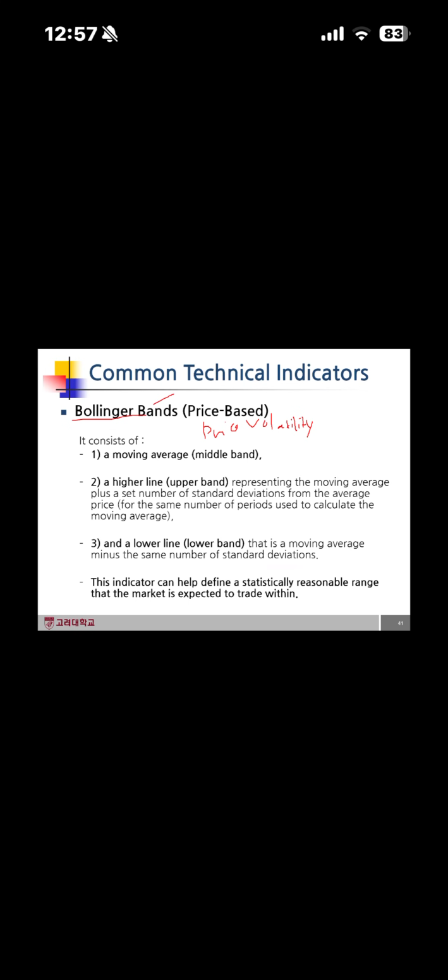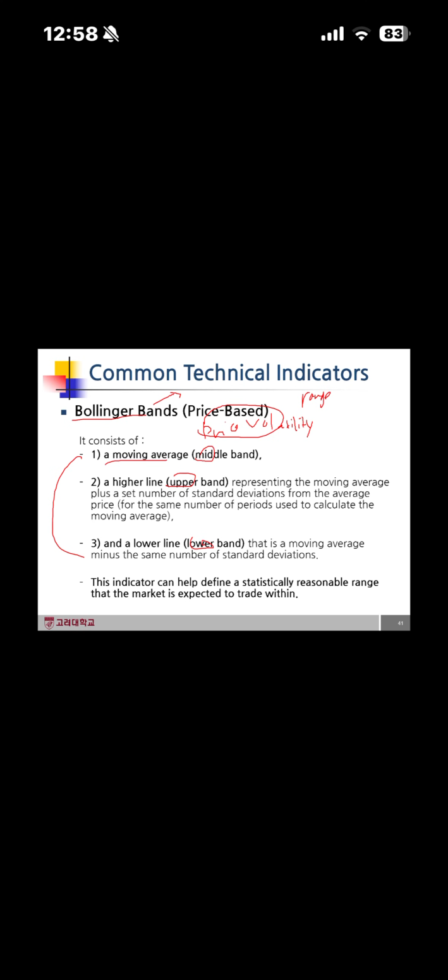They consist of an upper band, a lower band, and a middle band, and you expect the price to move within this range. First, there is the middle band, which is simply the moving average of the price.